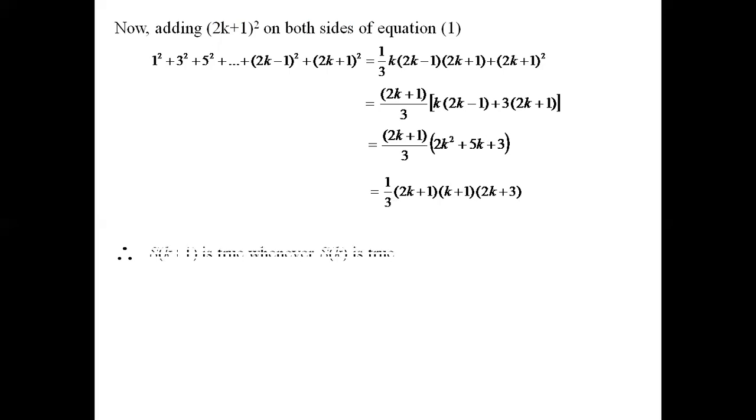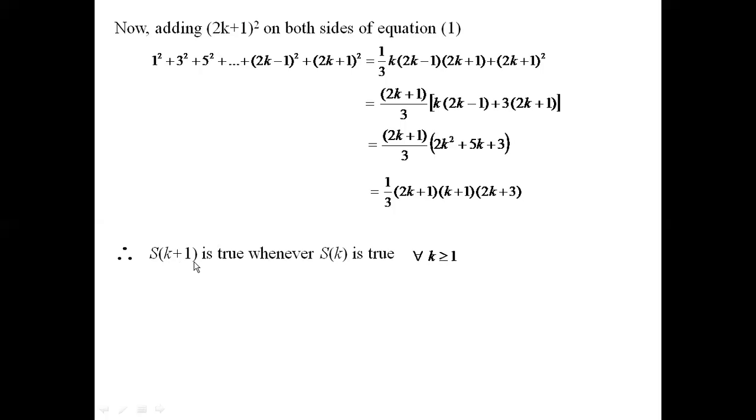So therefore, S of k plus 1 is true whenever S of k is true for all k greater than or equal to 1. So we had started with the statement in the induction step that S of k is true for all k greater than or equal to 1, and we proved the resultant for k plus 1th term, that is S of k plus 1.